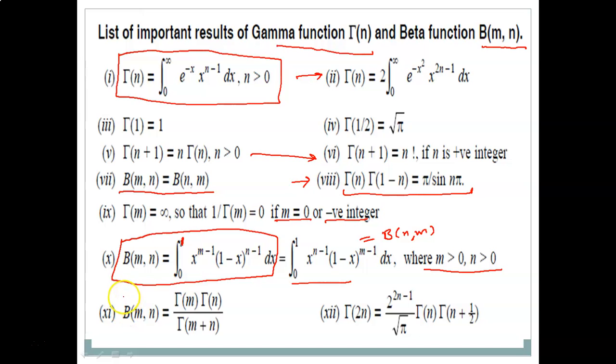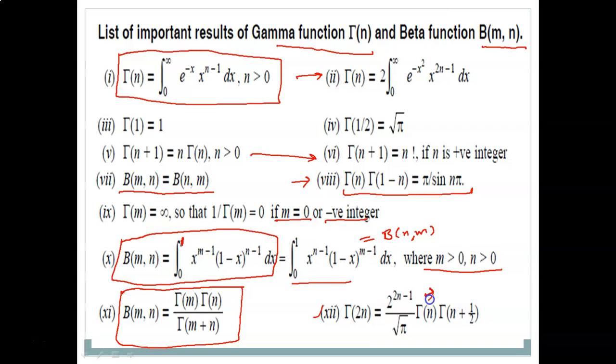And there is a relationship between beta and gamma function, and we utilized this relationship in one of the examples related to the Rodriguez formula in the last lecture, that B(m, n) is equal to gamma m into gamma n divided by gamma of m plus n. And one more important relation is there, that gamma of 2n is equal to 2 raised to power n minus 1 divided by under root pi into gamma n into gamma of n plus 1 by 2.